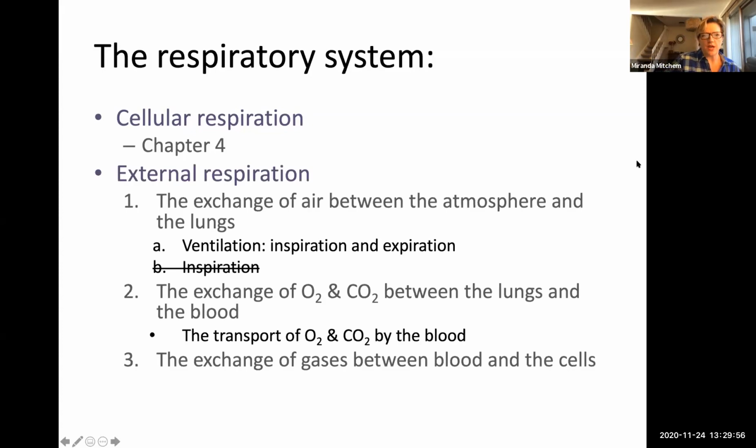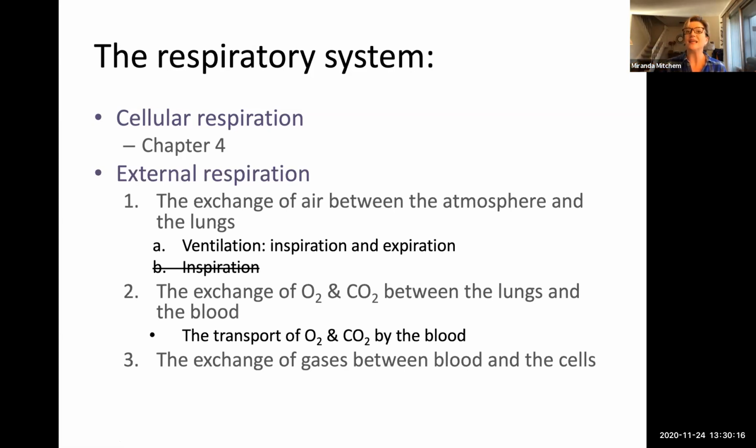All right, so here we're talking about what is properly called external respiration. And it is tied to the different areas of exchange of the respiratory gases. So we have a level of exchange between the atmosphere and the lungs.